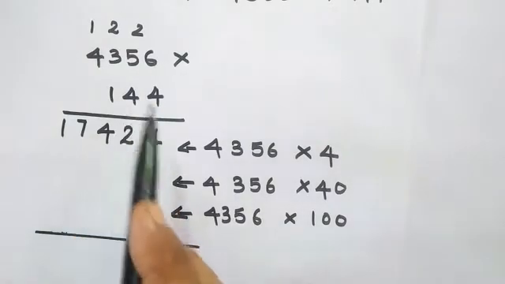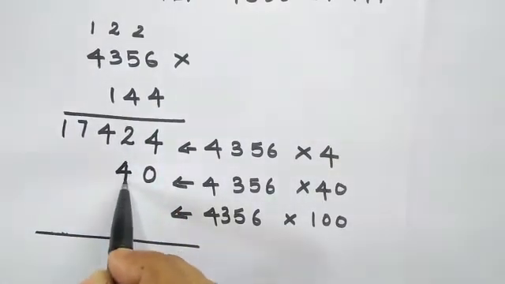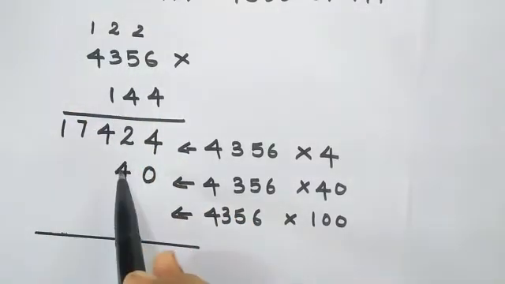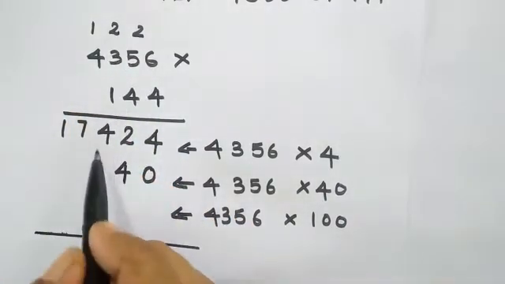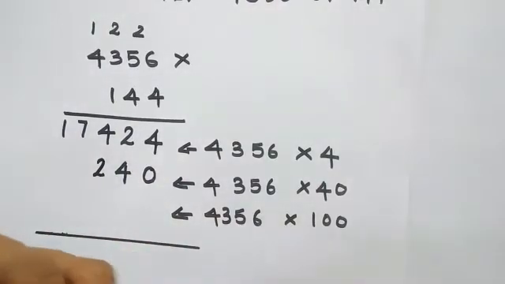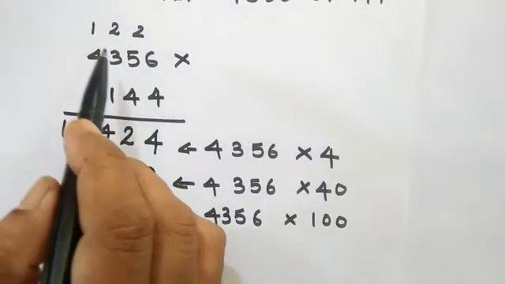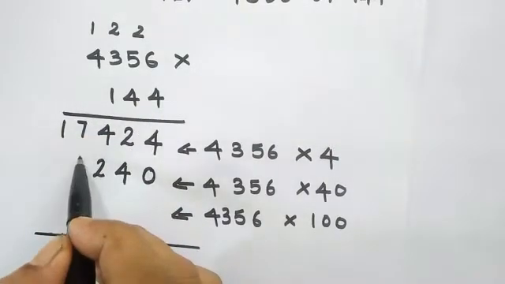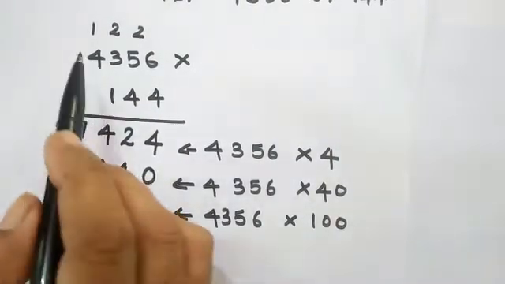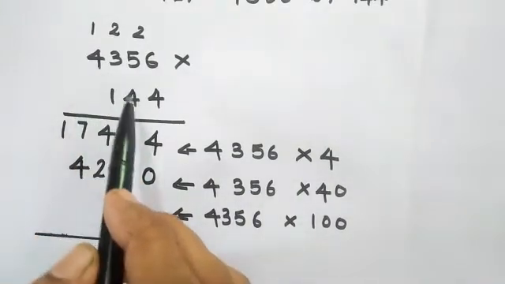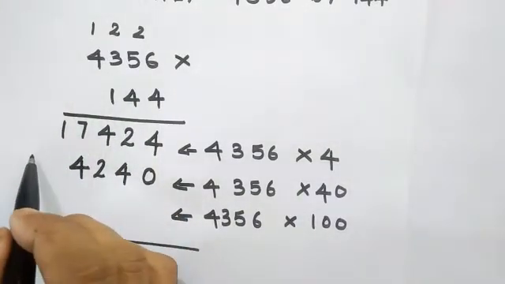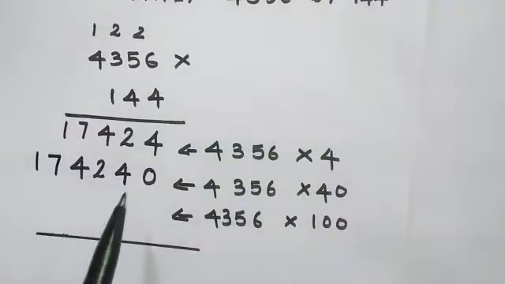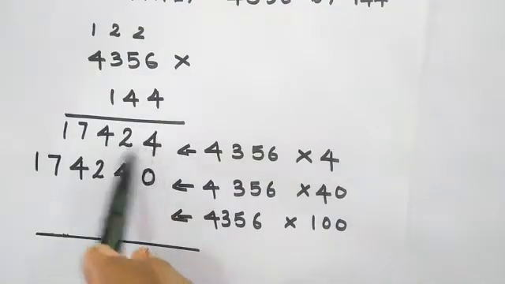Again 6 fours are 24, 2 balance, then 5 fours are 20 plus 2, 22, again 2 balance, then 3 fours are 12 plus 2, 14, 1 balance, then 4 fours are 16 plus 1, 17.